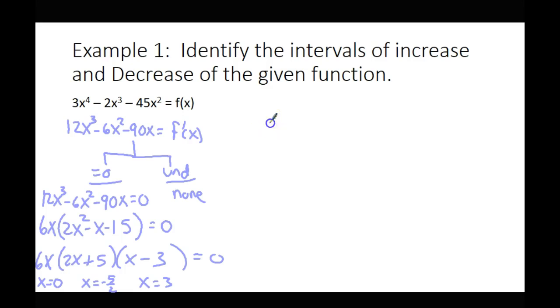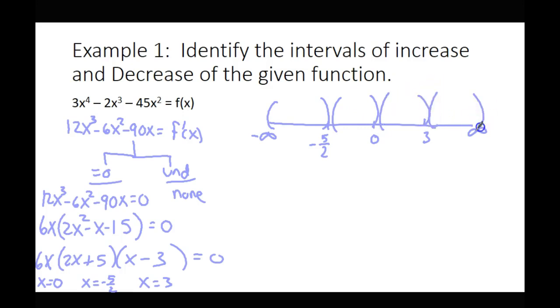Everything's exactly the same. So we're going to go ahead and set up our number line. I have a negative 5 halves. I've got a 0. I've got a 3. And we don't want to forget on our ends we have infinities. So we are going to have 4 intervals, it looks like.